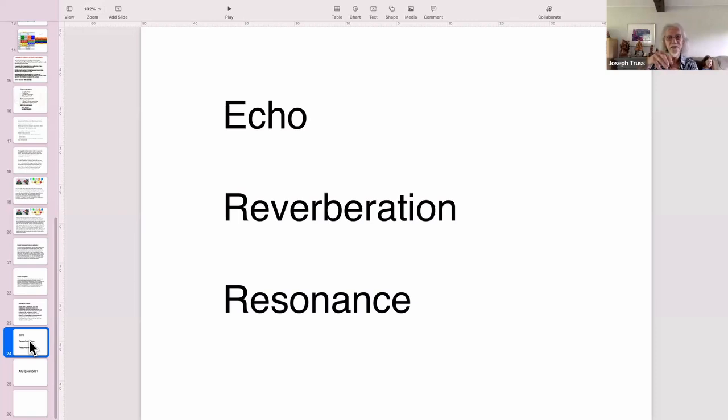A reverberation is the expansion of something coming out that's a little bit different than what went in. Resonance is the convergence of all of these reverberations across the structure. So when you look at those 12 topics, you're looking at how the entire system is resonating. That's what we mean by those three terms.